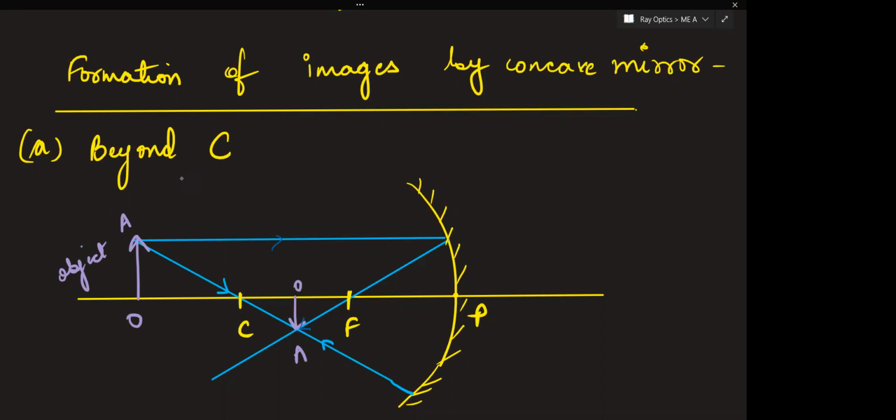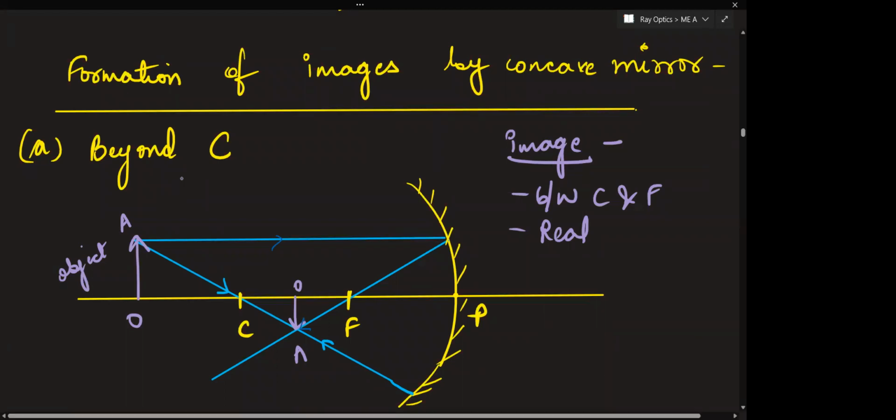So at this point, what is happening? This image is formed between C and F. It's a real image. As you can see, this is actually present. Here, the rays of light are actually meeting. What did we study in the last class?